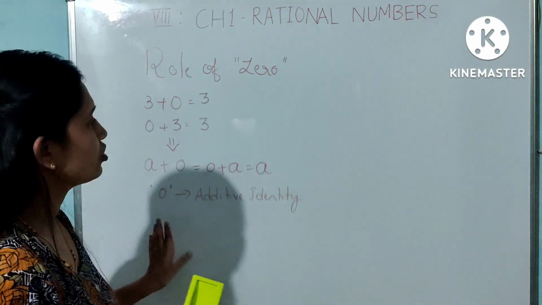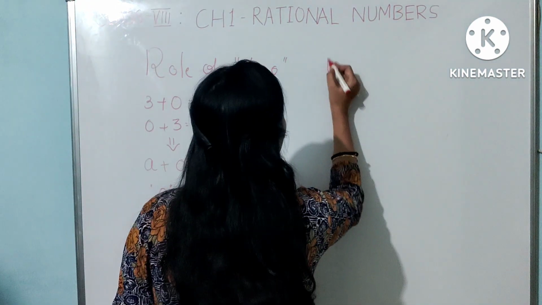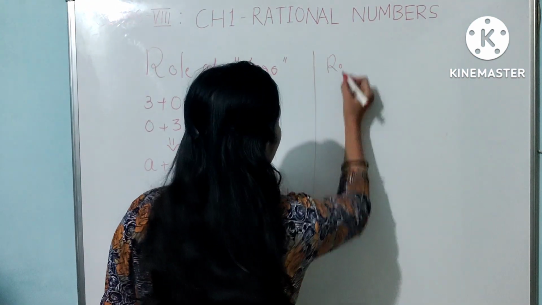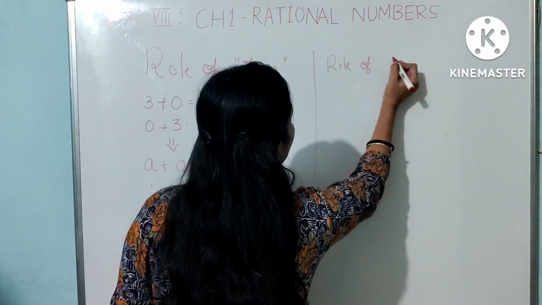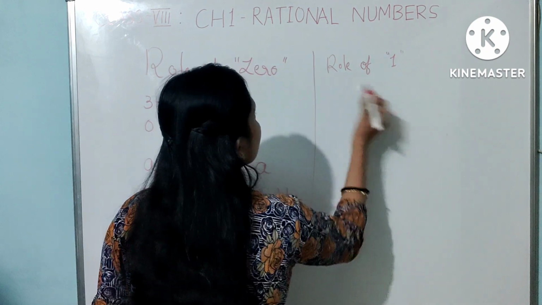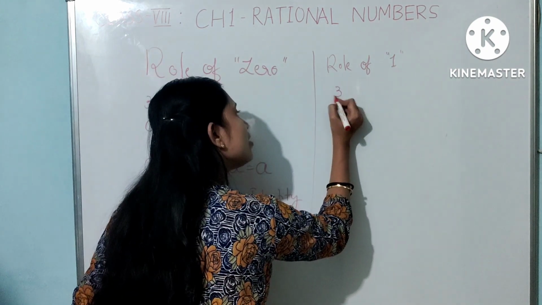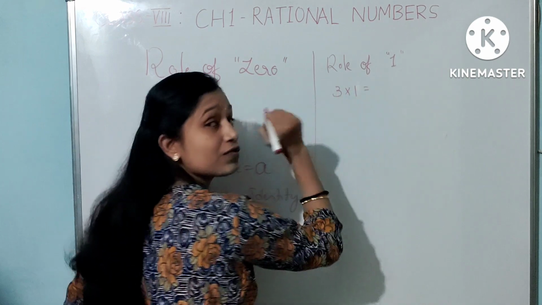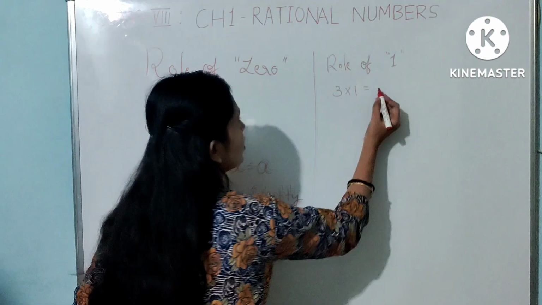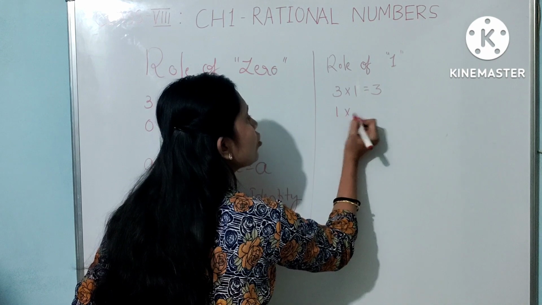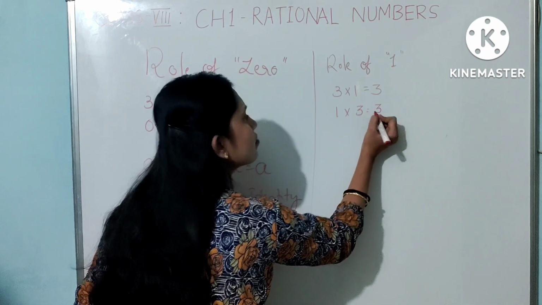Got it? So next one is the role of 1. Now, can you tell 3 cross 1? What is the value of the product of 3 into 1? Yes, 3. 1 into 3, again it's 3.